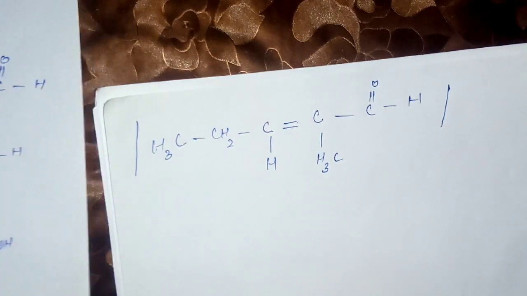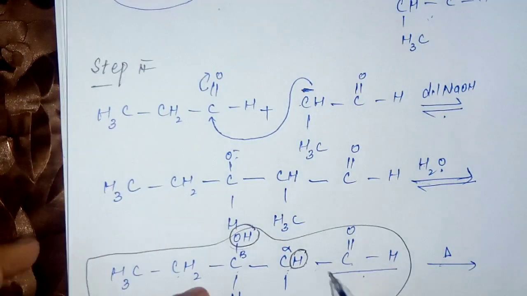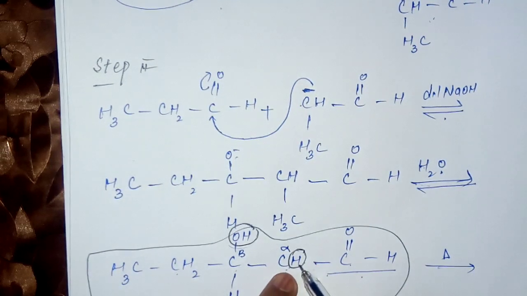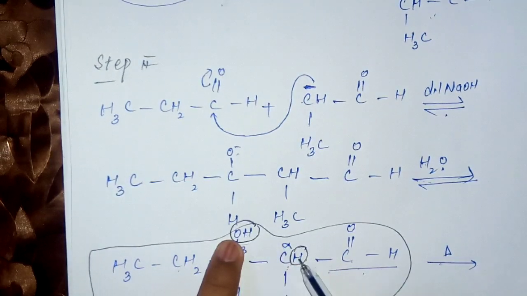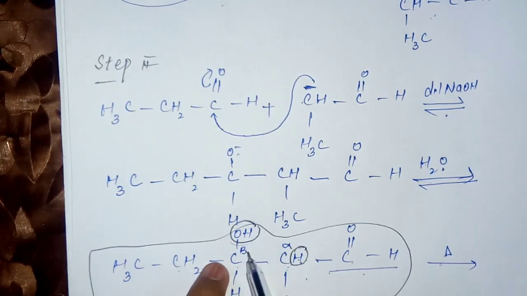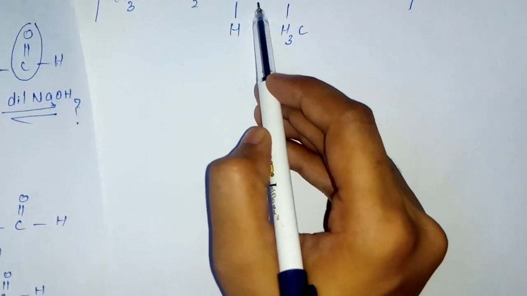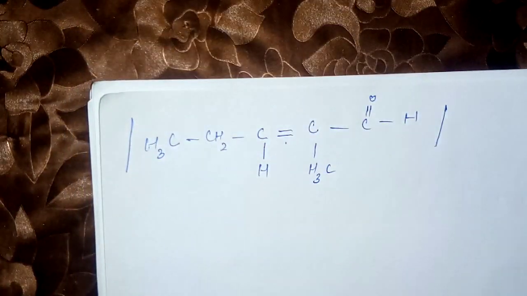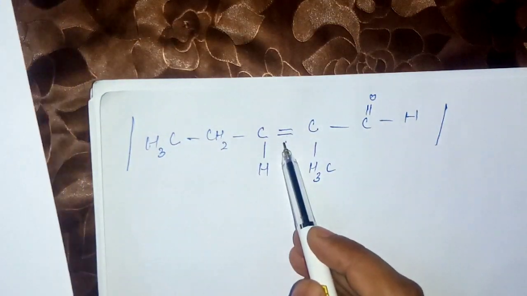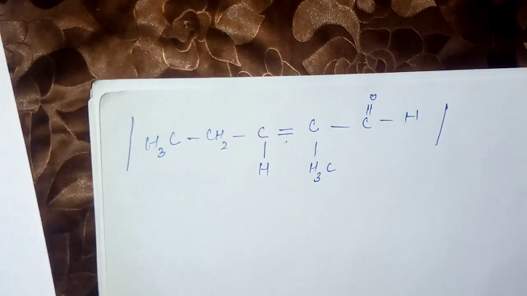This one is called the final product. So you can see here, this hydrogen and this hydroxyl are removed from this compound and the bond will be shifted from here. So what will happen? This one compound is formed. We can say that it is an ene compound.